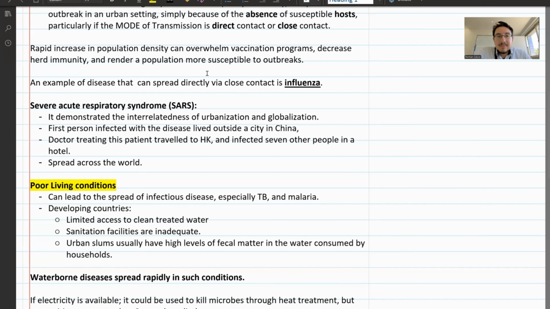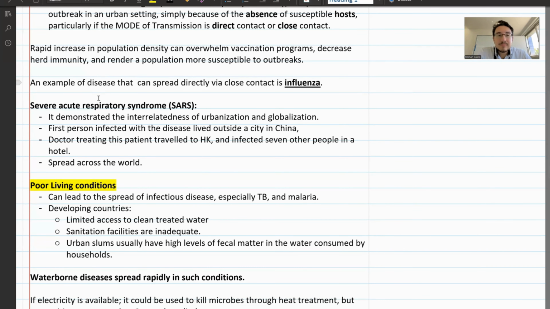So, aside from that, some places weren't exercising herd immunity that well, right? Limited vaccination programs and poor herd immunity practices would give a population more susceptibility to having an outbreak.